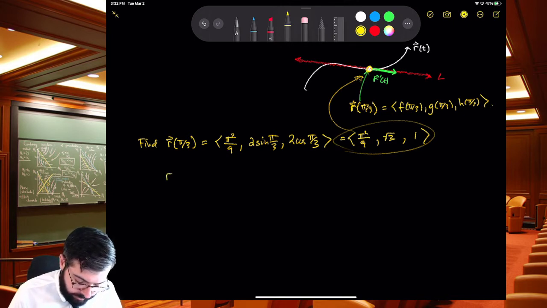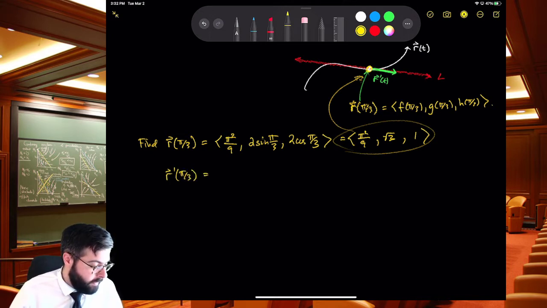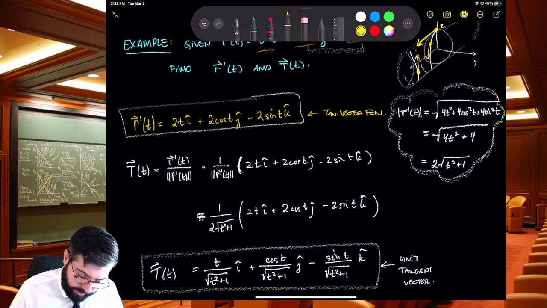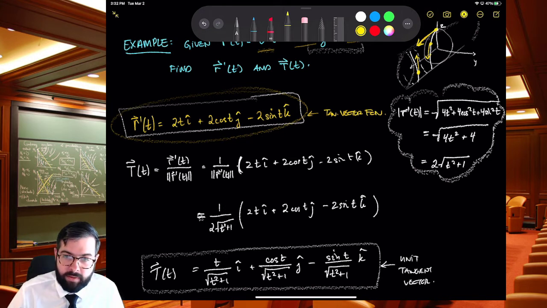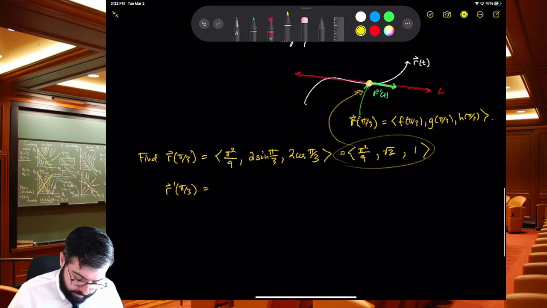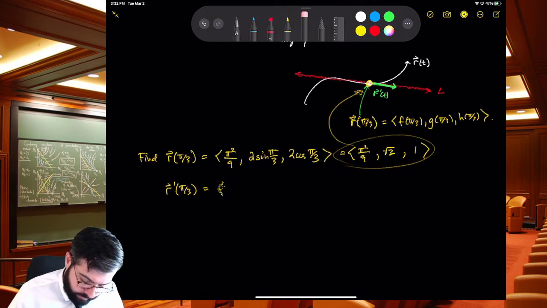And then we also need the tangent vector at that point. Which we know, we come back up here, this is our tangent vector, and we're really looking for this evaluated at pi over 3. That's the tangent vector at that moment in time, right? So it's what? 2 times pi over 3.